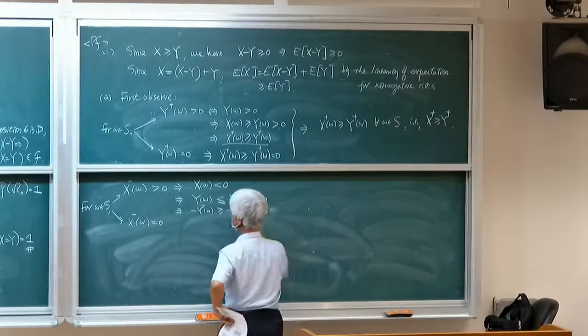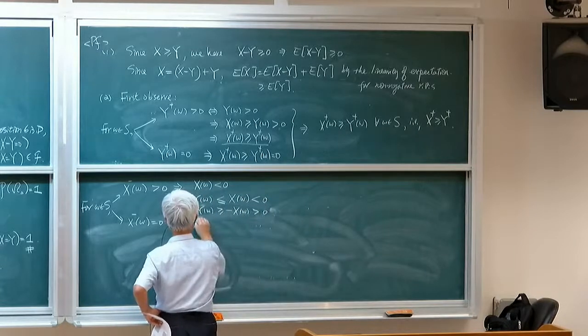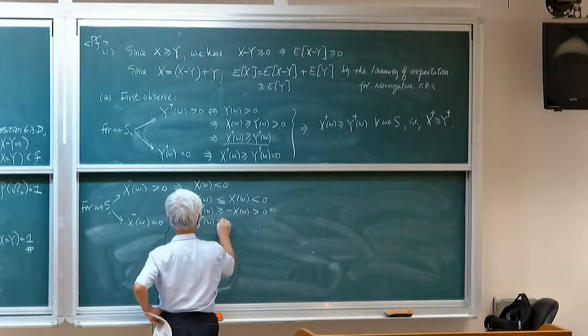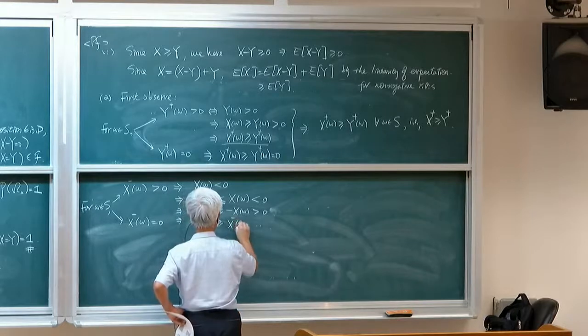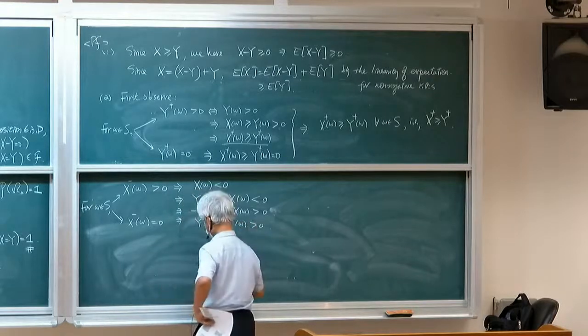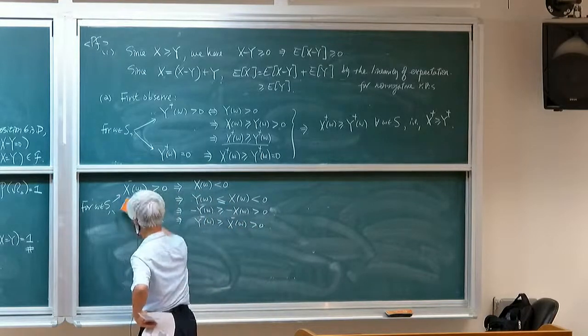So this implies y minus omega is greater than or equal to x minus omega, which is greater than 0. That is the first case.